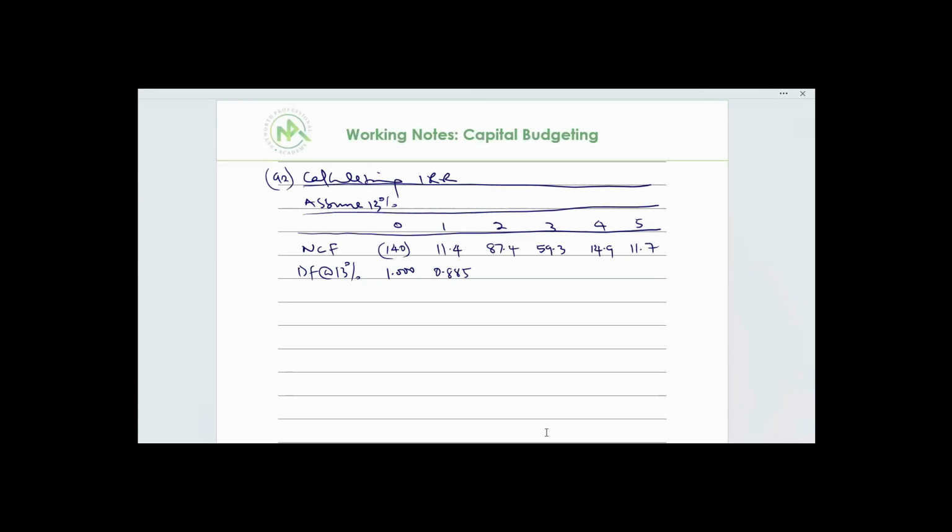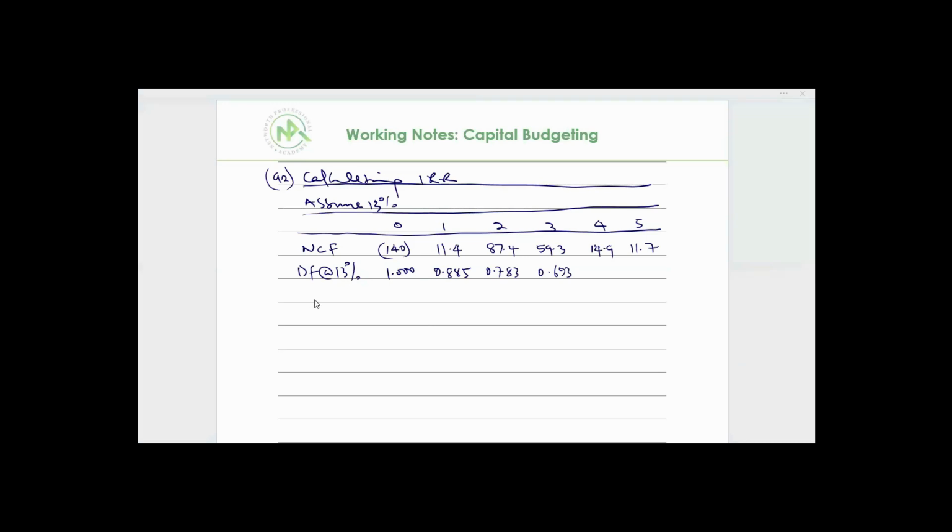We have to finish the question. 1.13 raised to power minus 2 equals 0.783 for year 2.